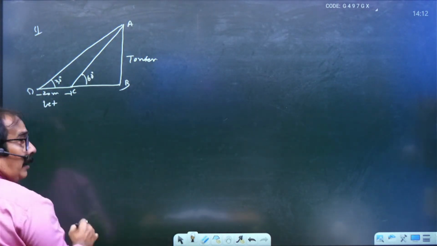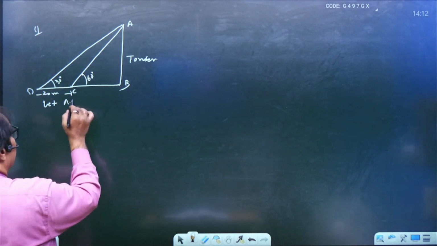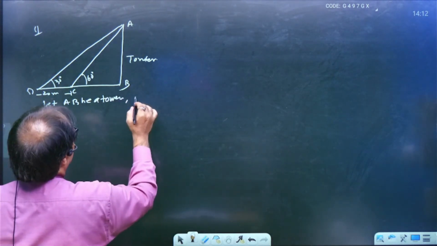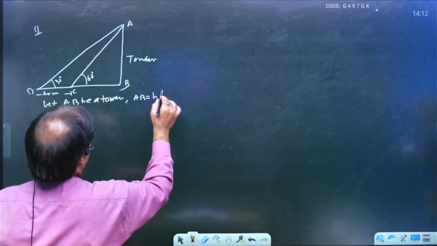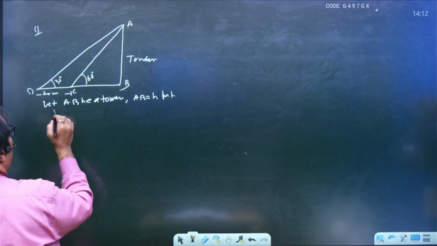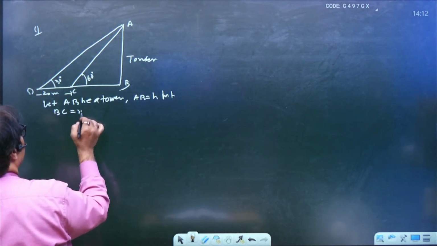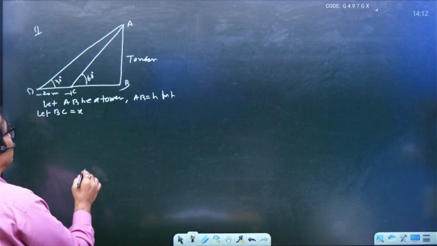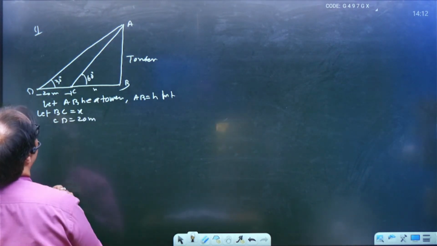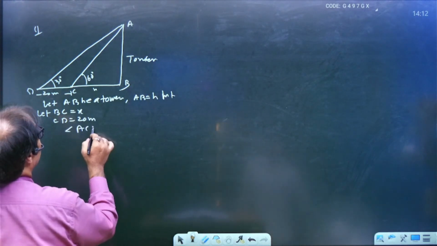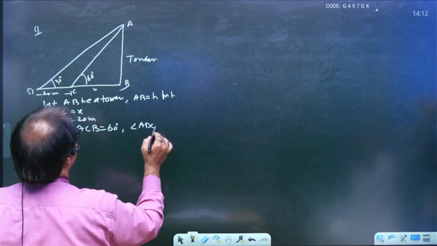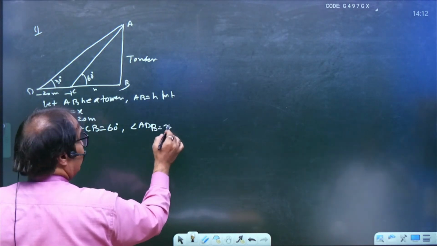Let AB be a tower such that AB is equal to h meter. BC is equal to x, this is x, and CD is equal to 20 meter. Angle ACB is 60 degrees, and angle ADB is 30 degrees.